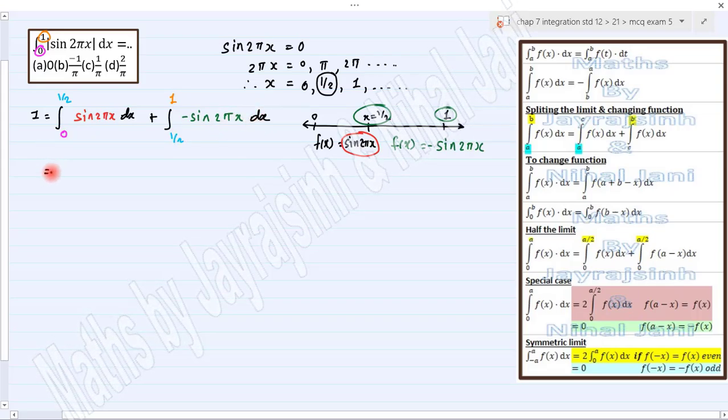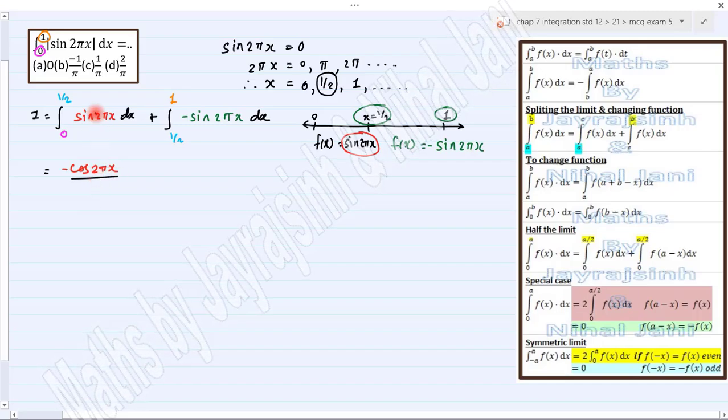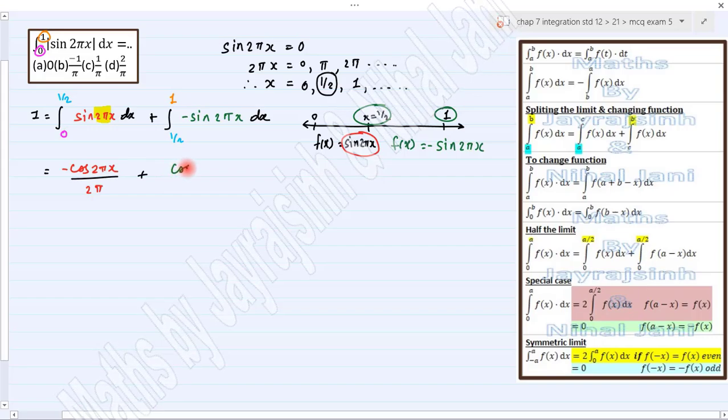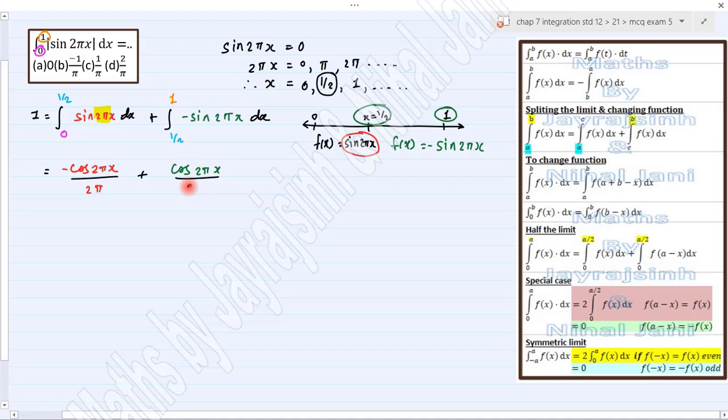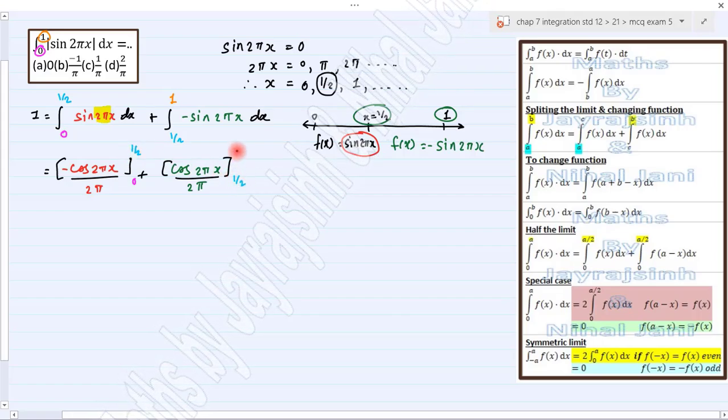So, integration of sine 2 pi x will be minus cos 2 pi x upon the coefficient of x, which is 2 pi, plus integration of minus sin 2 pi x will be cos 2 pi x upon the coefficient of x, which is again 2 pi. The limit of the first term is 0 to 1 by 2 and 1 by 2 to 1.